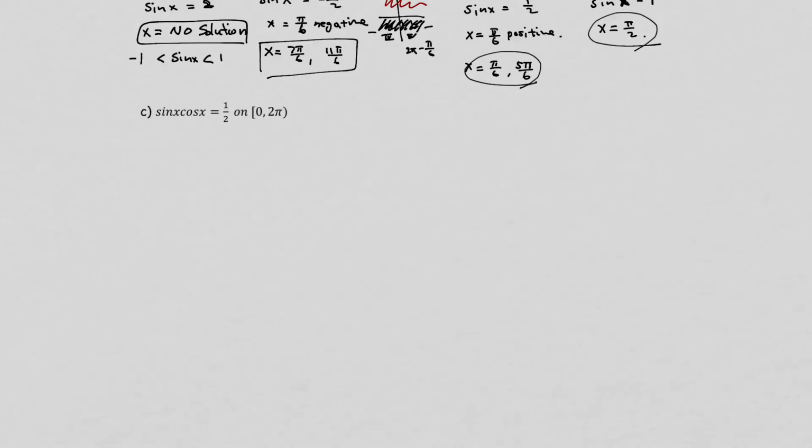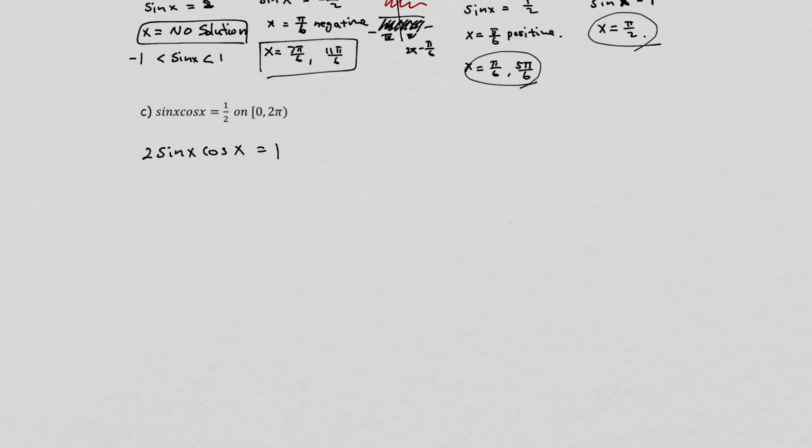This was a long section, and this is the last problem. You have sine x times cosine x equals 1/2. Let's try to get rid of 1/2 by multiplying both sides by 2. You get 2 sine x cosine x equals 1.